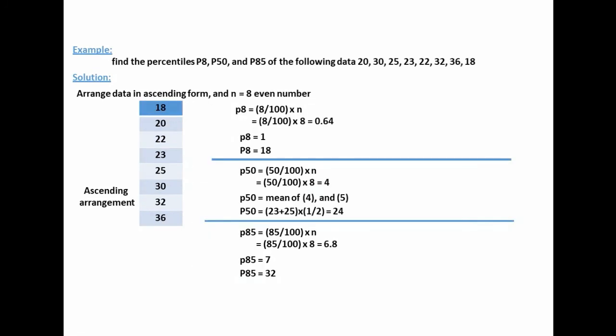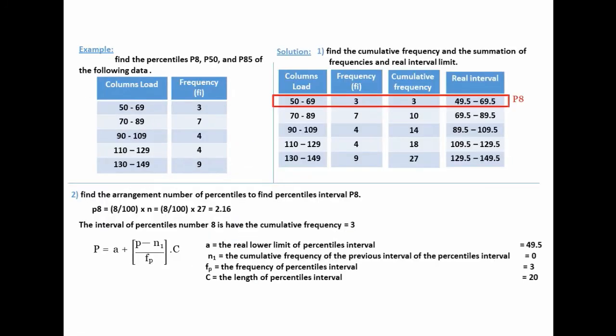Now you see these are the same procedures. And for grouped distribution data, how do we find the percentiles? For P8, first find the arrangement number of the percentile. To find the percentile interval P8, 8 divided by 100 multiplied by n is equal to 2.16, and 2.16 lies in this group. So the lower limit of this class is 49.5, and the arrangement number of the percentile is 2.16.